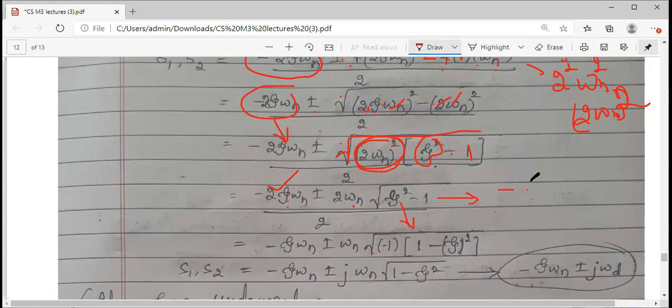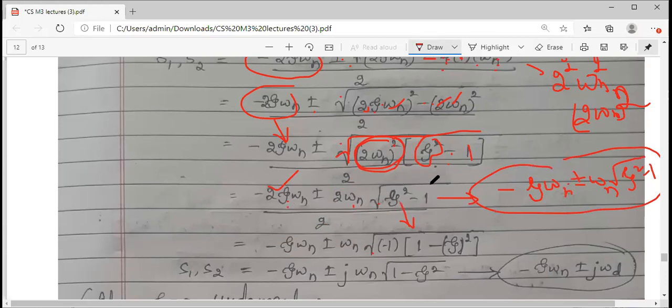Either you can take it like this, minus zeta omega n plus or minus omega n root of zeta square minus 1. This is what we get from this equation. Either you keep it like this, or I can simplify further.